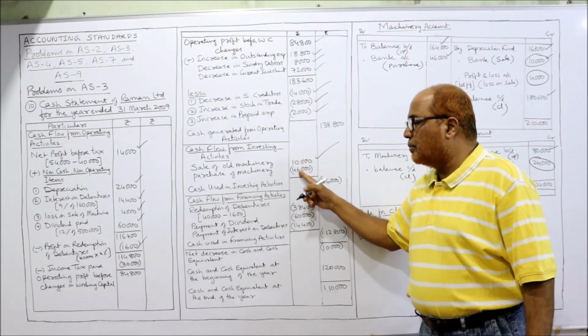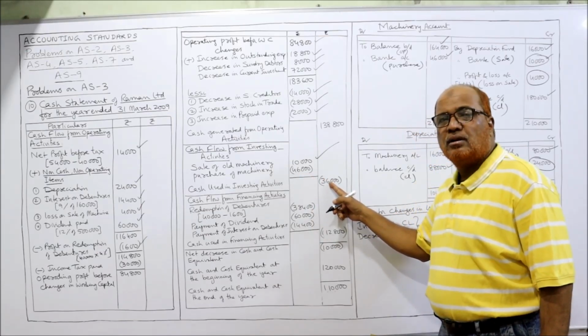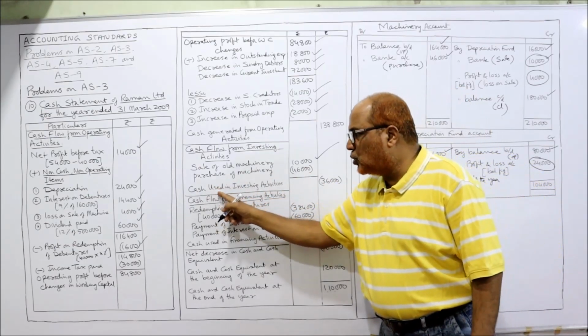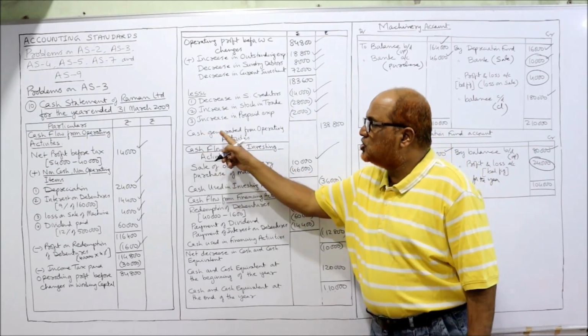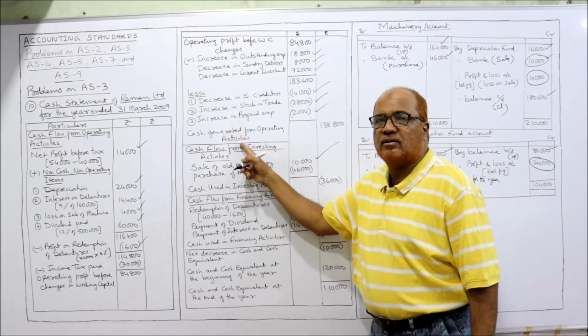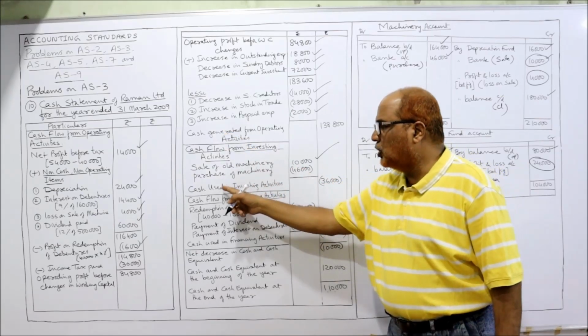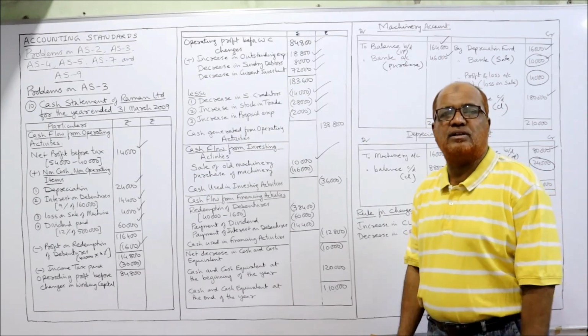So 10,000 minus 46,000, you will get minus 36,000. So minus denotes bracket. So cash used in investing activities. Here cash generated from operating activities: positive, generated. Negative, used.